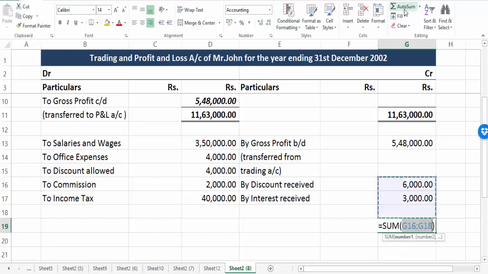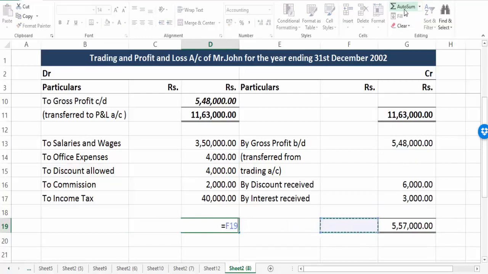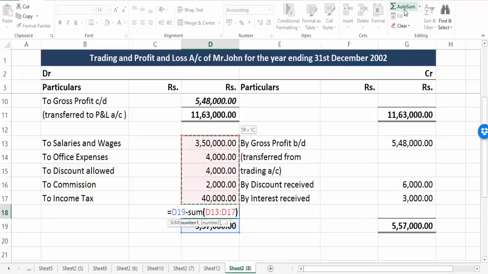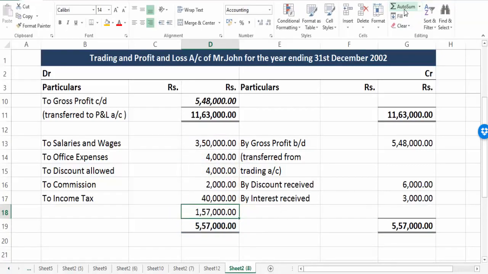We'll see which side we have higher total. On credit side we have 5,57,000. On debit side we have 4 lakh. So we have to follow credit. On debit side there is a difference, 5,57,000 minus sum of these items, 1,57,000.